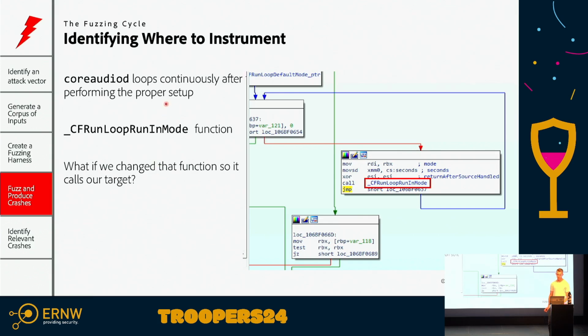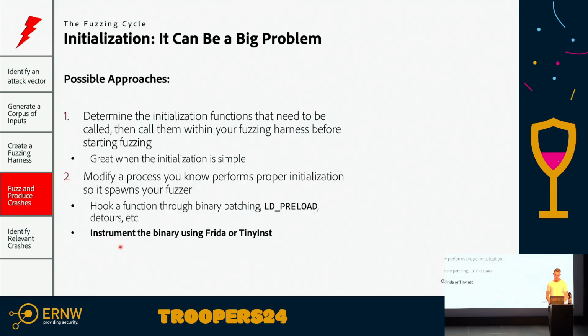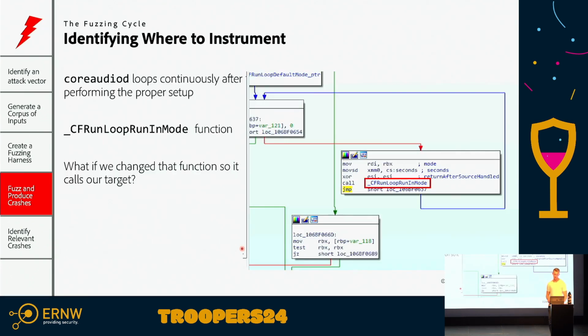We're going to go ahead and use that second approach here, using Frida to inject our fuzzer into the space that we care about. But we do need to figure out the proper place to instrument our code. The core audio daemon process loops continuously after it performs that initialization routine.